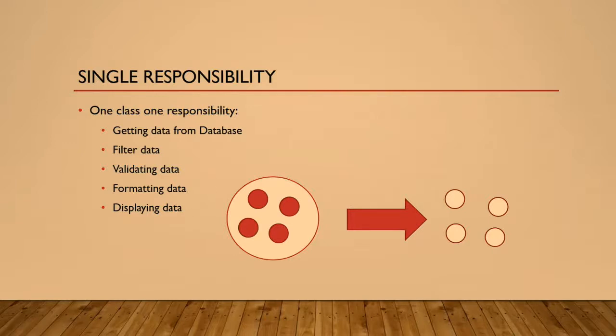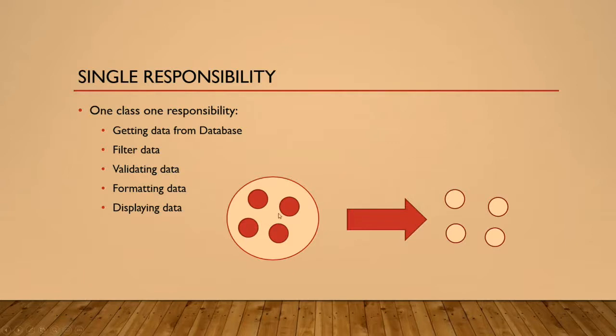In older code styles, or perhaps also in some newer code, it could happen that we have one very big class represented by this big circle, with a lot of such functionalities, perhaps a method get data, filter data.